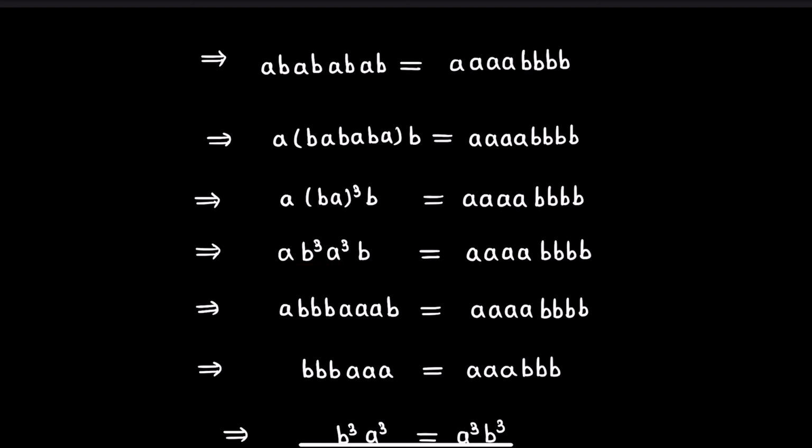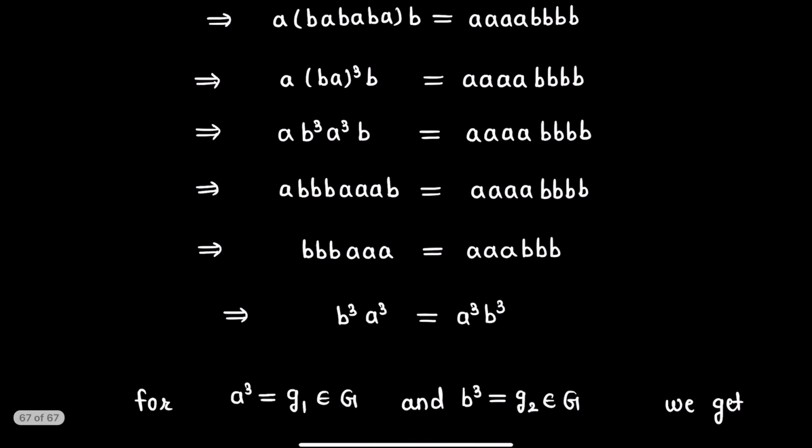Now b^3 will be bbb, 3 times, and a^3 will be aaa, 3 times, ab as it is, RHS as it is. Now cancelling a from the left side and b from the right side, we get this expression. Now again b 3 times can be written as b^3, a 3 times can be written as a^3, and from RHS we get a^3 b^3.